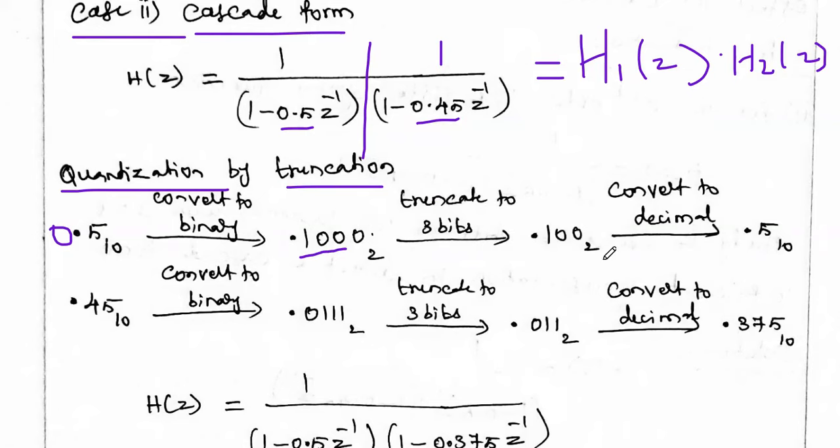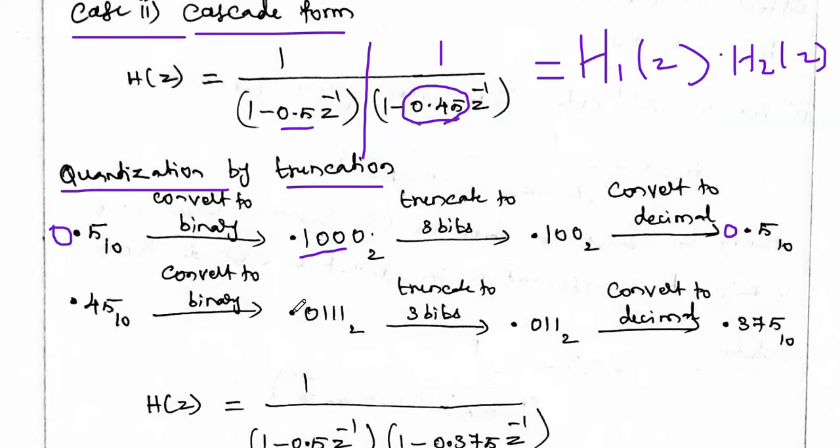Then this answer you just convert into decimal. So 0.100, what is the corresponding decimal? The same 0.5. So if you are quantizing 0.5, after quantization also we get the same answer. Similarly, the second filter coefficient 0.45, we convert into binary.